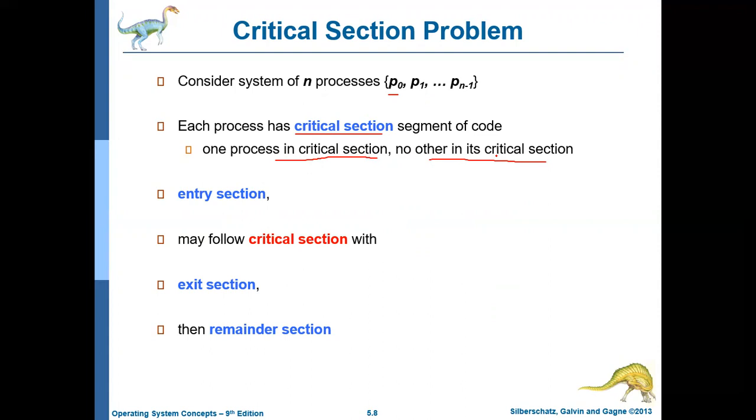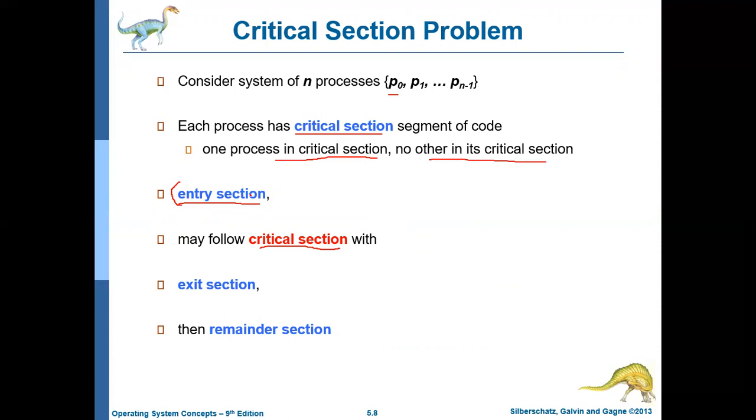A critical section code will typically be preceded by an entry section. The code that precedes the critical section code, we'll call the entry section. In this entry section, the process checks whether any other process is currently in the critical section or not.